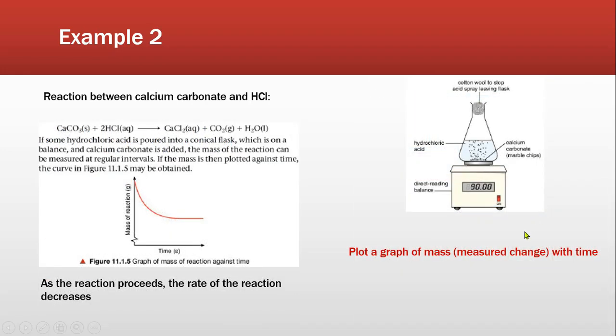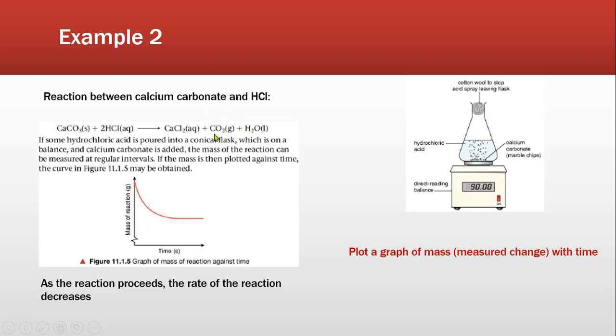Here's another example. This is just like the first one I showed you. We can measure the rate of change of mass of the reactants with time. Let's say it's between calcium carbonate and HCl. You get calcium chloride plus carbon dioxide and water. We will be losing carbon dioxide gas here.